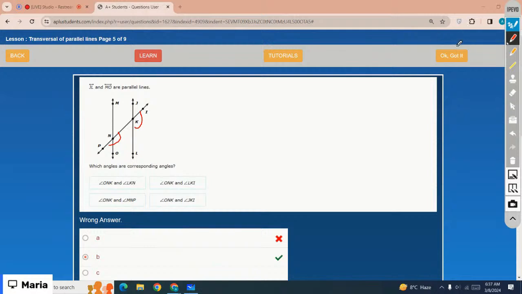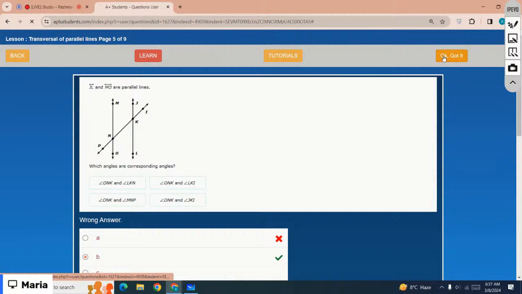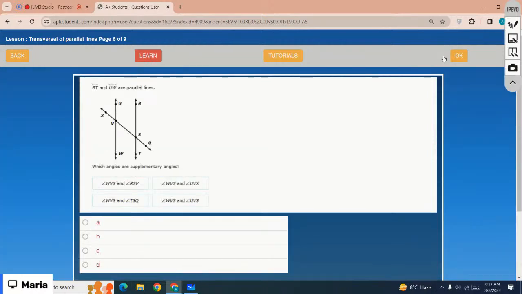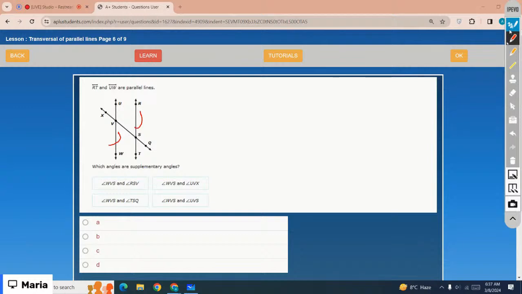Okay, the next one is RT and VUW are parallel lines. Which angles are supplementary angles? Supplementary angles are the angles that sum to 180, right? WVS and RSV.